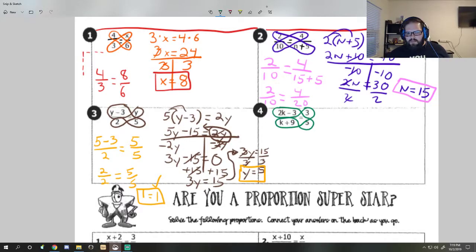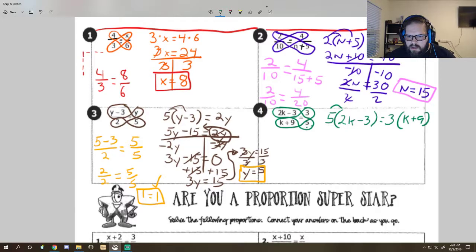To write that out, I'm going to start with the 5. So 5 times 2k minus 3 equals 3 times k plus 9. And the way we're going to do this is we're simply going to distribute like normal.